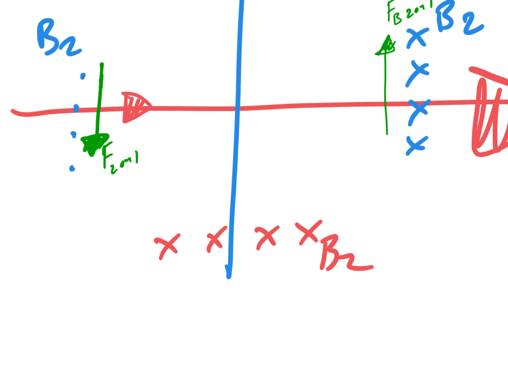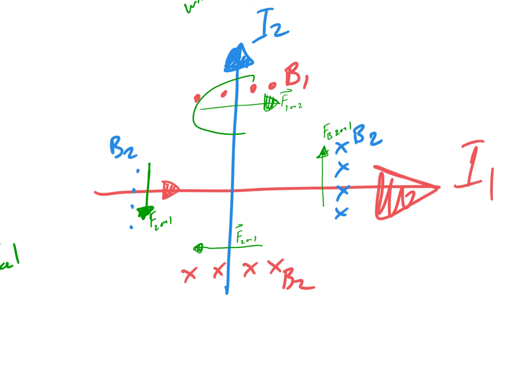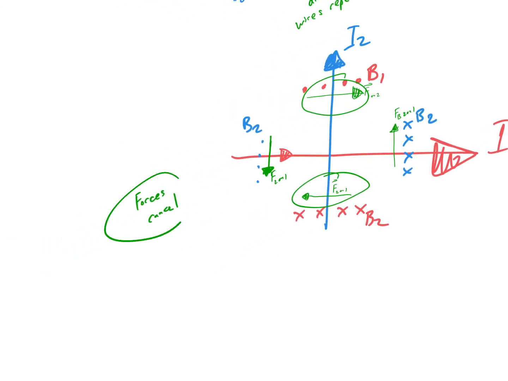So I'm basically just looking at the back of my hand now, with my thumb pointing to the left. That's also the force of 2 on 1 magnetically. And they are equal and opposite. Okay. Again, there are magnetic forces acting in this situation, but they cancel out.